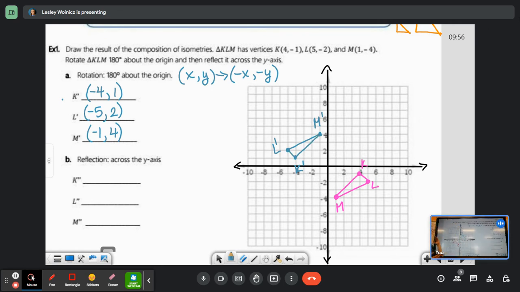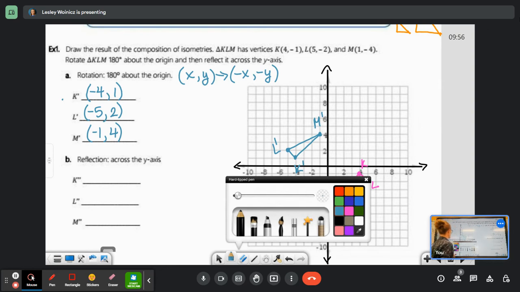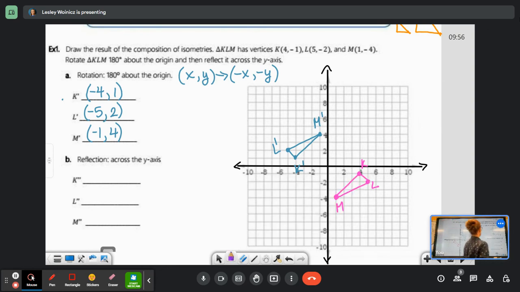Now I'm not done because I still have to reflect that rotation image across the x-axis. So we need our rule, so we need to know what we're doing to the x's and the y's. If I want to reflect it over here, I want my y values to stay the same, but I want my x's to change sign. So this is my rule.